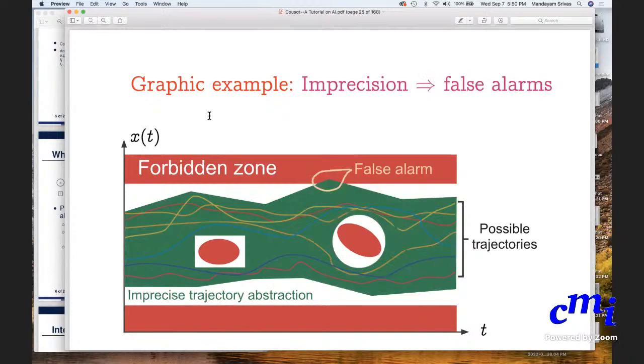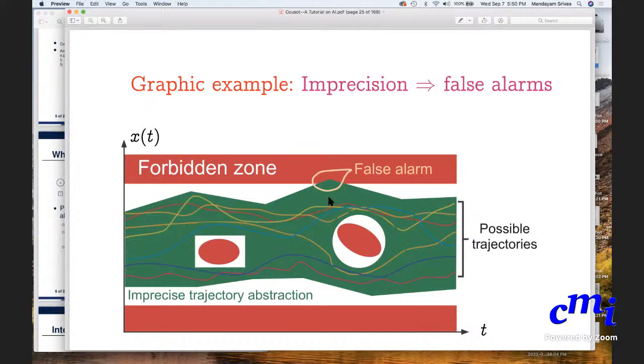Now, there's another thing that can happen when you use only over approximation to verify things. Now, this is a truly over approximation. The green area here still includes all the possible behaviors. So as per our definition, it is still an over approximation, okay?